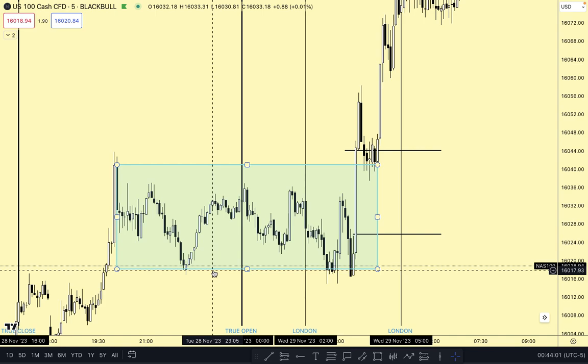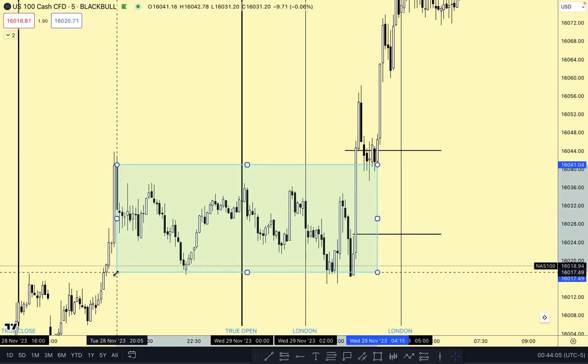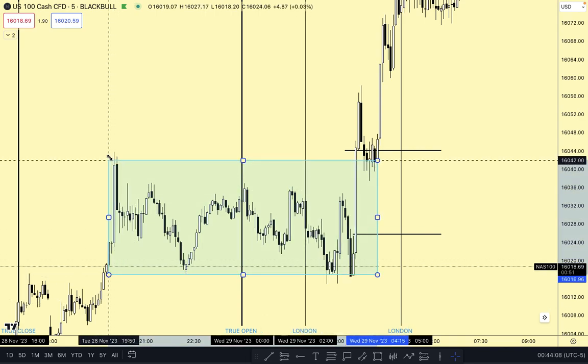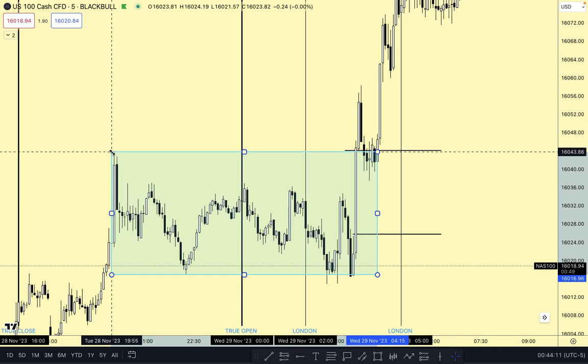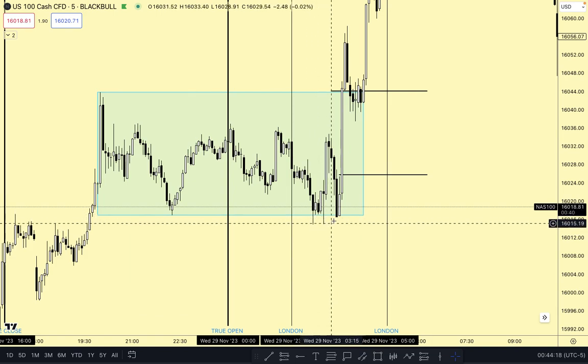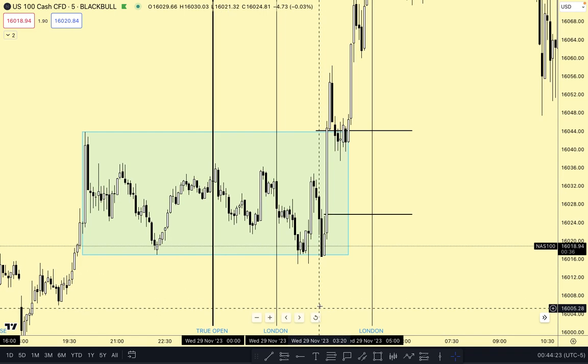Probably if I had this box drawn better yesterday, then I would have been able to anticipate this or even spot it. If, let's say, I enclose that fully like so, then this would have been giving the first clear signs that there's a reversal about to come through, and then I would have been active.